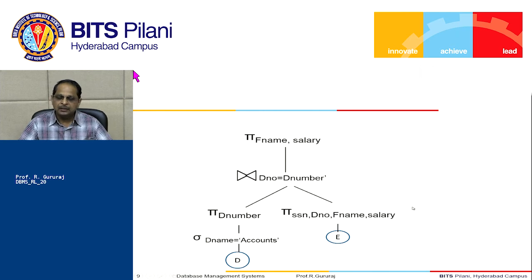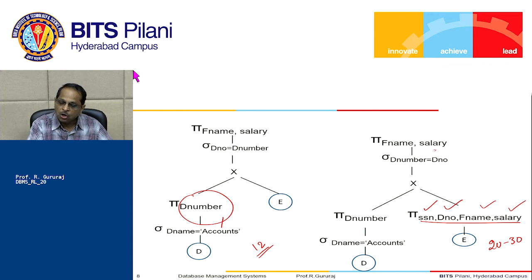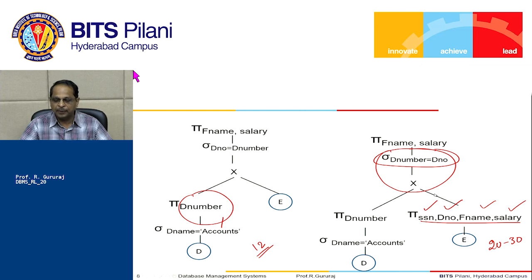Now let us look at the other possible optimizations. We already understood that the Cartesian product is a very costly operation. A join operation on some condition is the same as the Cartesian product of 2 relations followed by a select condition. Hence, whenever there is a Cartesian product operation followed by a select condition, I can replace these two by one single join operation.